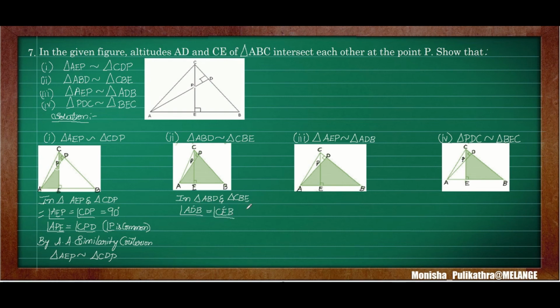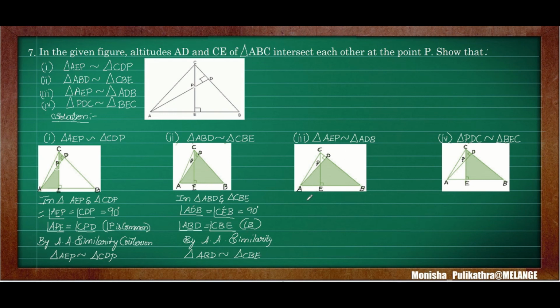So D and E are 90 degrees, and in both triangles, angle B is common, right? Therefore, by AA similarity criterion, triangle ABD is similar to triangle CBE. So the second one is also proved.